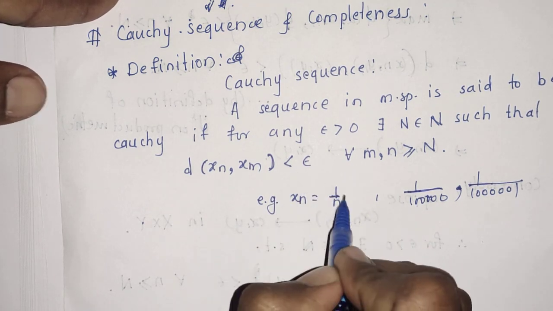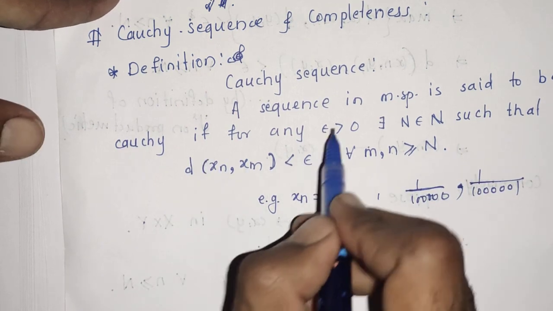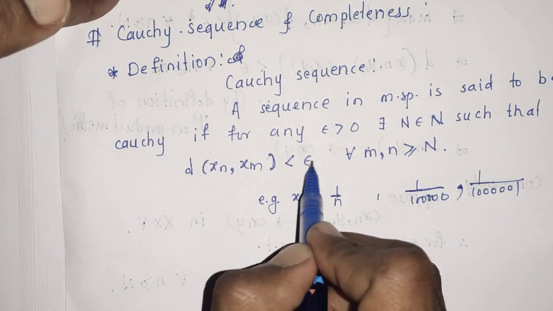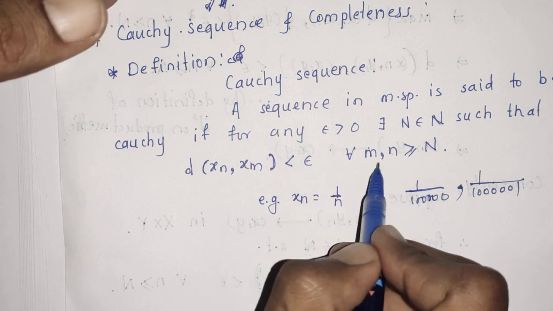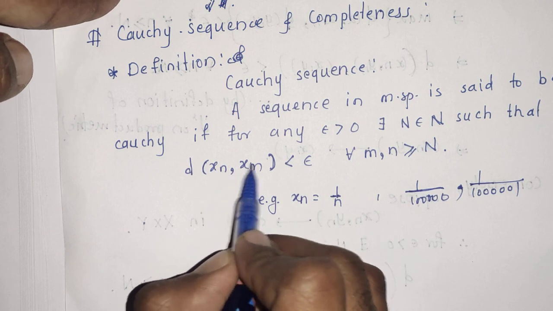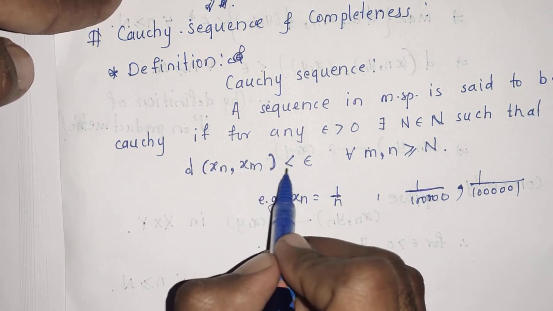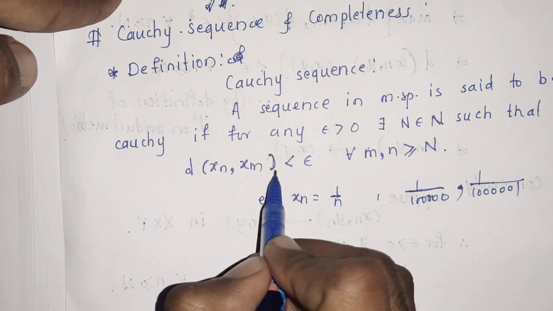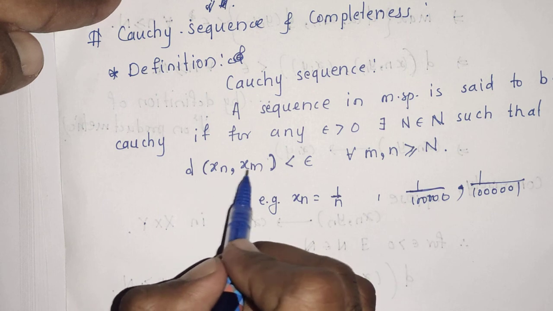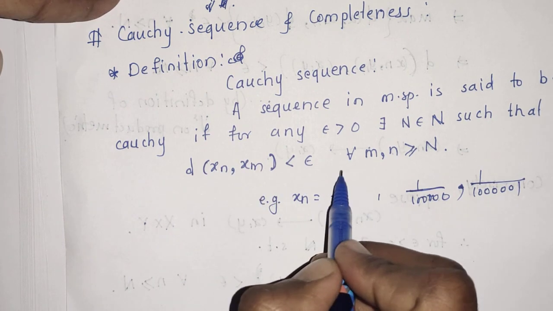Then this sequence is said to be a Cauchy sequence. A sequence in a metric space is said to be Cauchy if for any epsilon positive, say epsilon equal to 0.001 or even smaller, the distance between xm and xn, two elements of that sequence, is very close, nearly equal to 0.